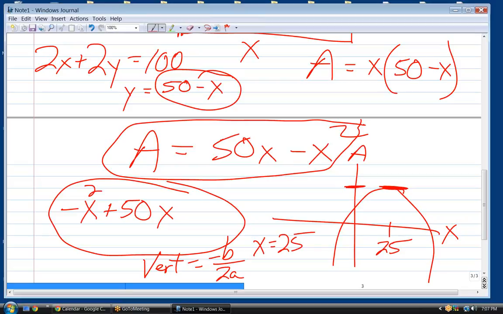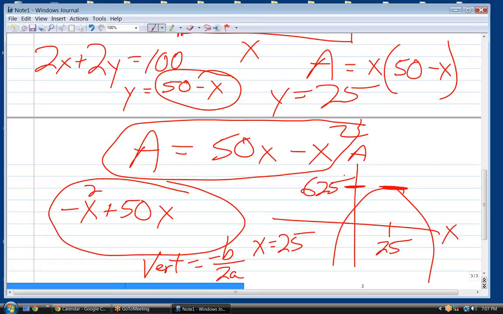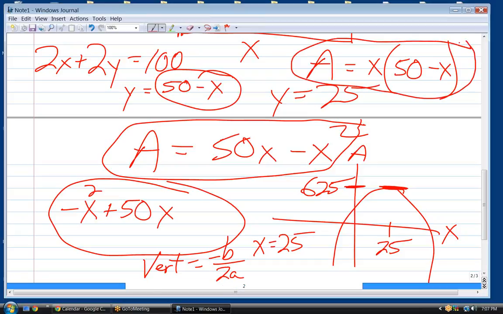What will it be? Well, y will be 50 minus 25, so y will be 25, and the area is x times y, so this would be 625. In other words, if I plug in 25 for x into the area function, I get 625. So 625 is the maximum area.